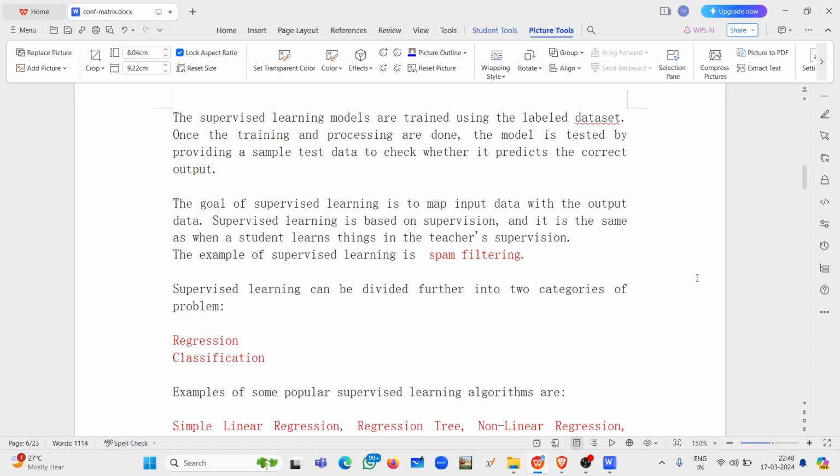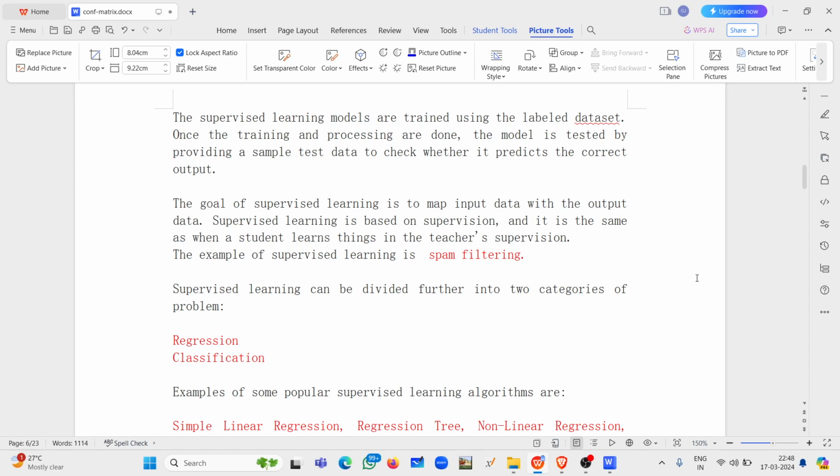In supervised learning, as we understand, we take some data sets, whatever data is available with us, and we take the labeled data set. With this labeled data set, we try to train a model. Once the training and processing are done, the model is tested with some testing data, because the entire data we divide into some testing data and some training data.